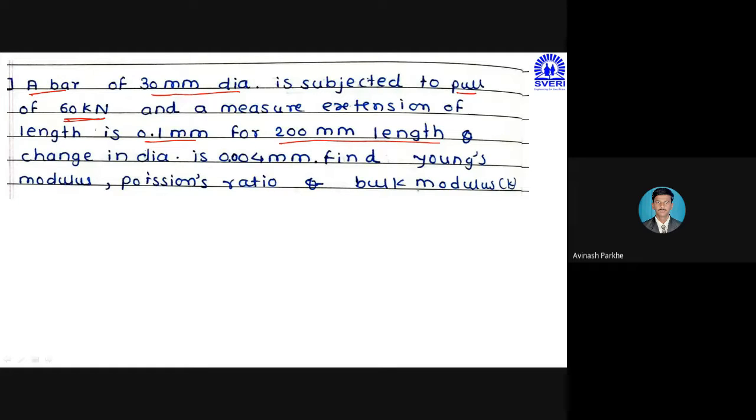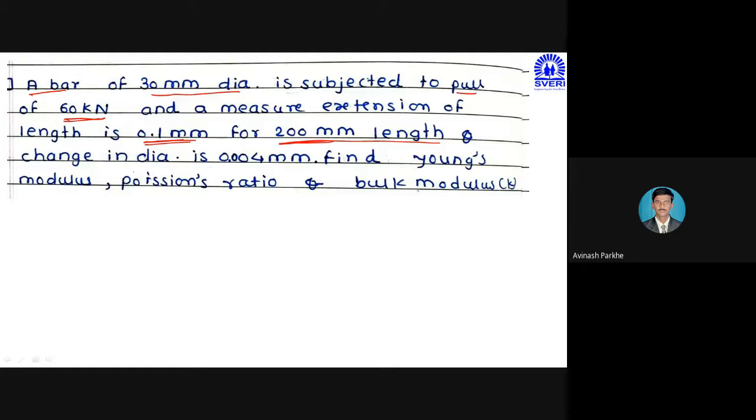So what happened? Due to this 60 kilonewton force, the extension of that bar is taking place, and that extension is 0.1 mm, meaning the change in length is 0.1 mm for 200 mm length. That means before application of load its length is 200 mm, and due to the load the elongation is 0.1 mm.